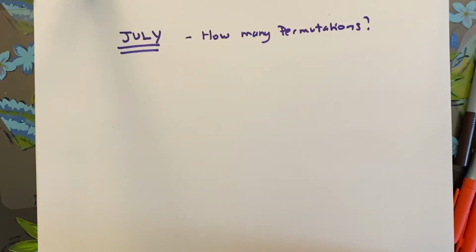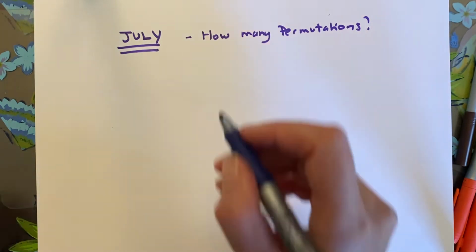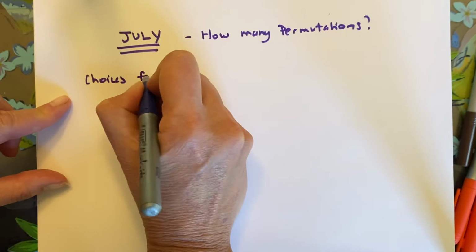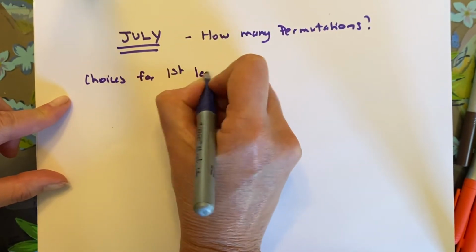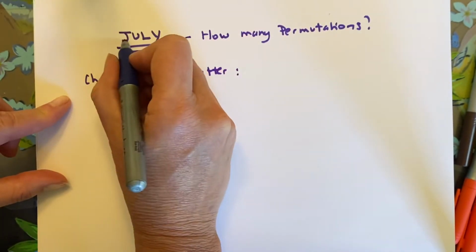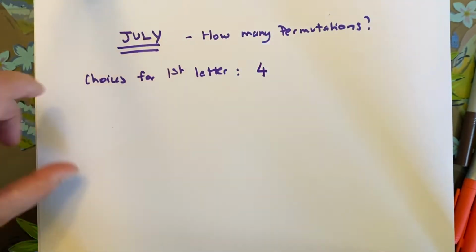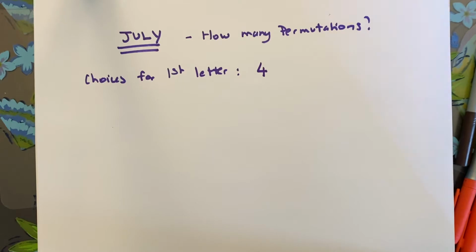Well, you always start with the first letter. So what are all your choices for the first letter? You have 1, 2, 3, 4. So I have 4 choices for my first letter.